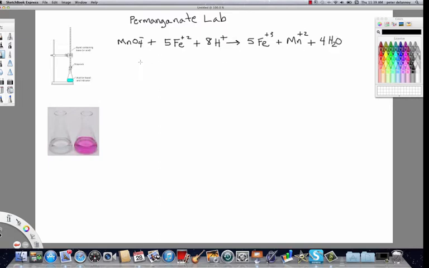Now, one of the main practical uses of this type of chemistry is in the quantitation of unknown substances. In this case, we're going to utilize the permanganate ion to quantitate an unknown solution of iron 2.